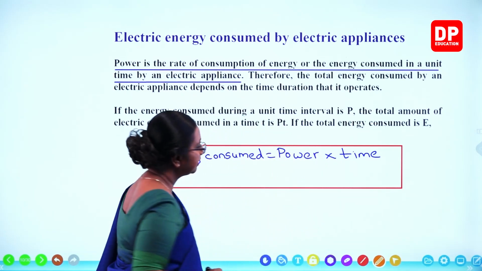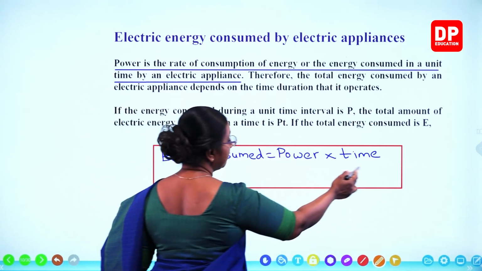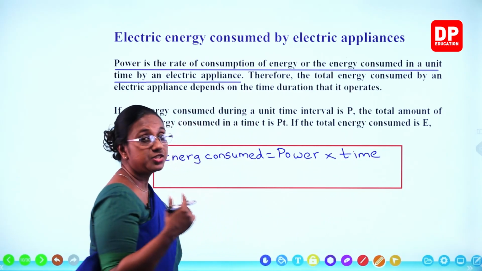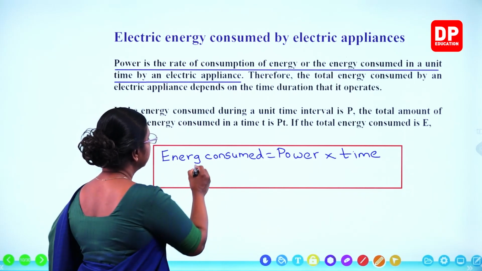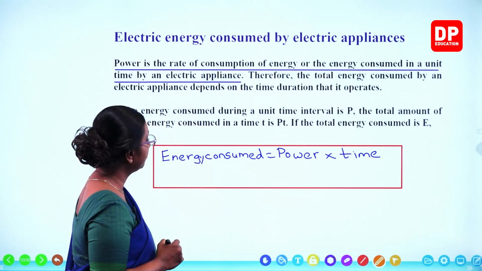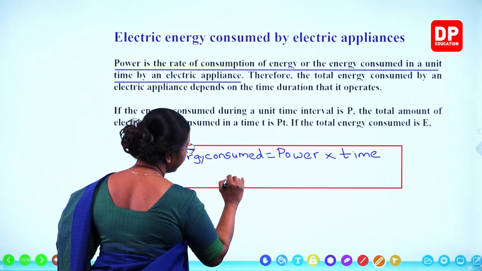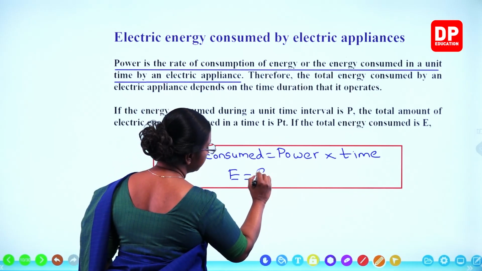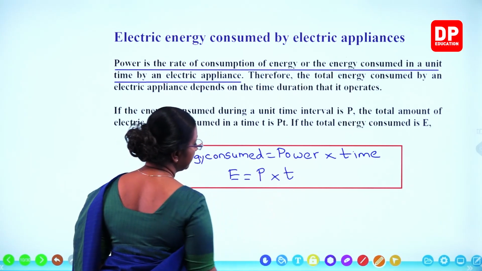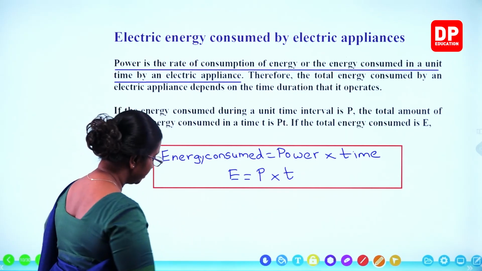Power is the electric energy consumed in a unit time, multiplied by the time for which the electric appliance is operated, which gives you the energy consumed. If we write energy consumed as E, power as P, and time as T, E equals P into T.